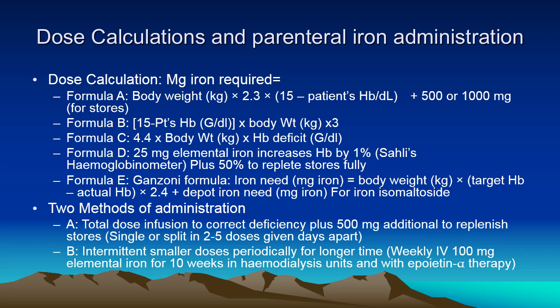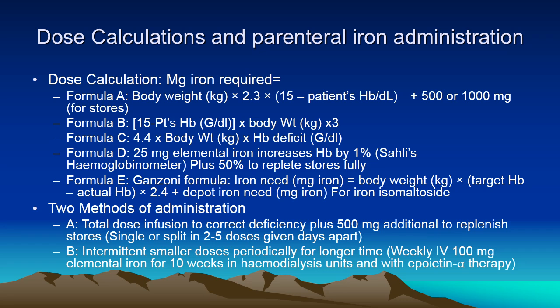Formula B, C can be used directly without additional amounts for stores. Formula D is very simple, that is 25 milligram elemental iron increases hemoglobin by 1%. If deficiency is 40%, it is simply 40 into 25, that is the need.